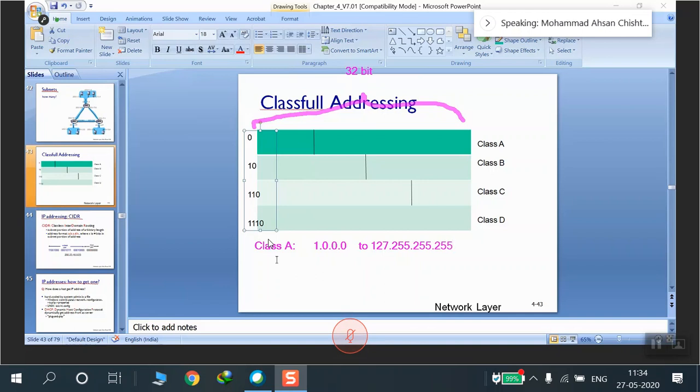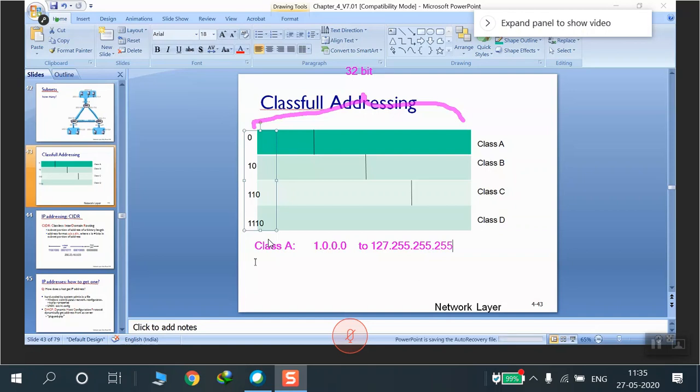Since we are using decimal notation, every byte has a value from 00000000 to 11111111, the maximum possible, which in decimal is from 0 to 255, 256 possible values. And this is for class A.